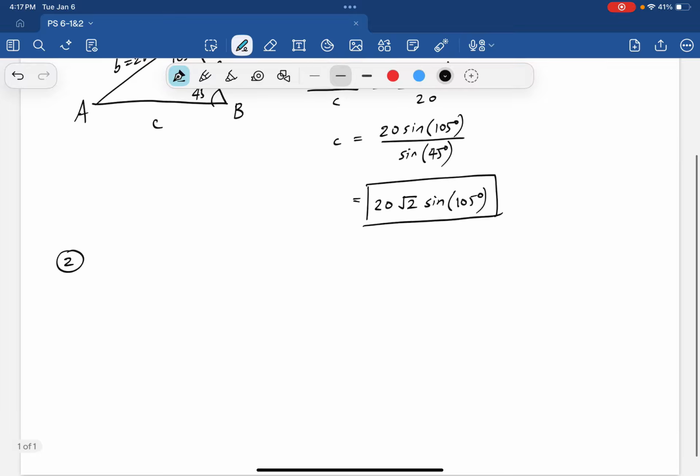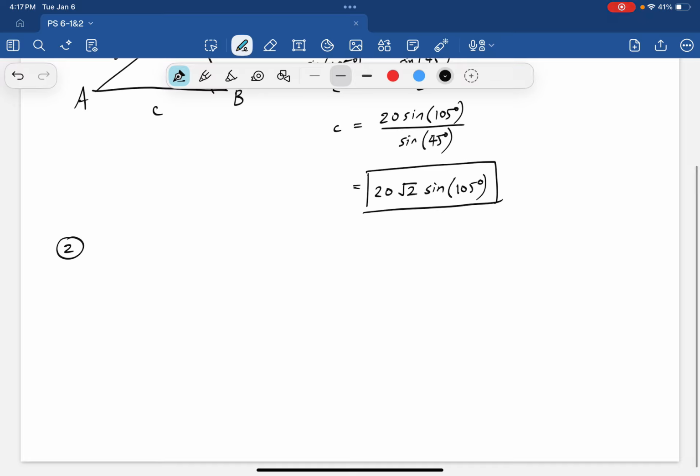Okay, next one. Law of cosines to find angle C. Let's see what I have. CAB, 16, 10, and 12. Okay, so to find angle C, right, I'm looking for this angle. So I'm going to want to make sure I use the formula for law of cosines, or the particular combination of sides and angles, that actually includes angle C, right?